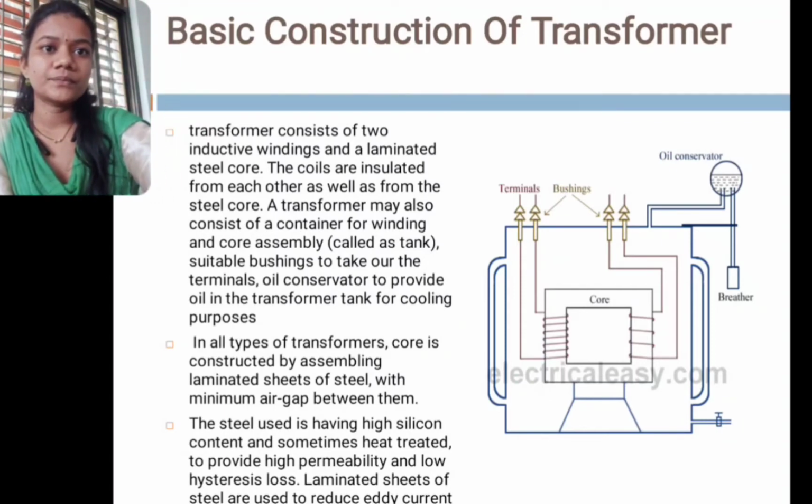As we know, a transformer consists of two windings on a laminated steel core. The coils are insulated from each other as well as from the steel core.